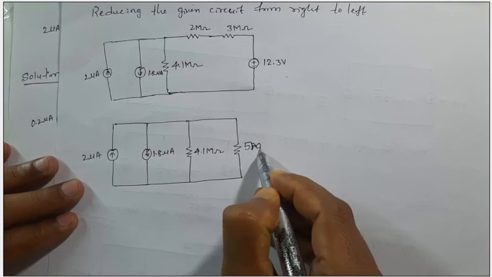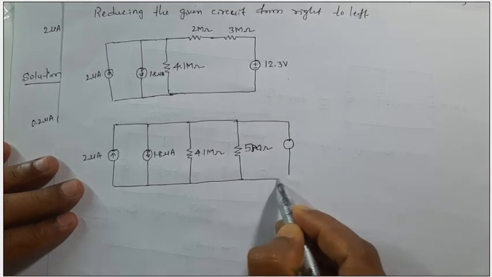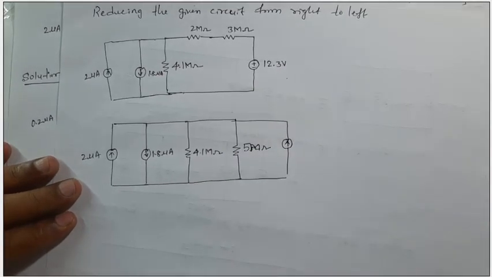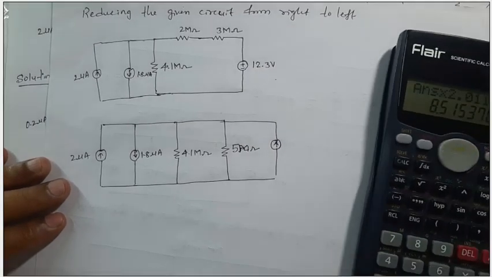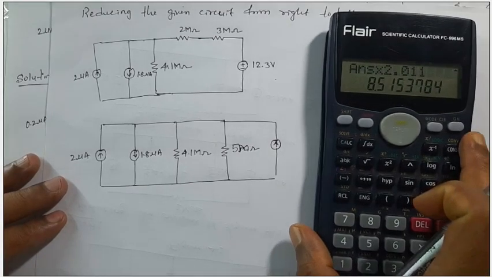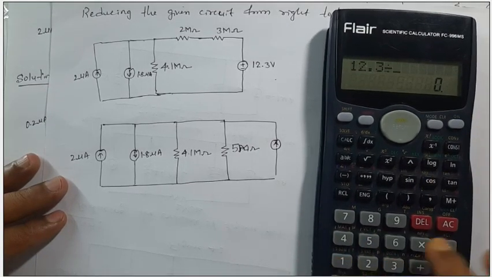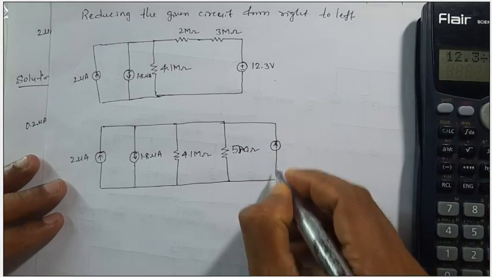And because plus is above, this is the direction of the current source, and 12.3 divided by 5 is equal to 2.46 microampere.